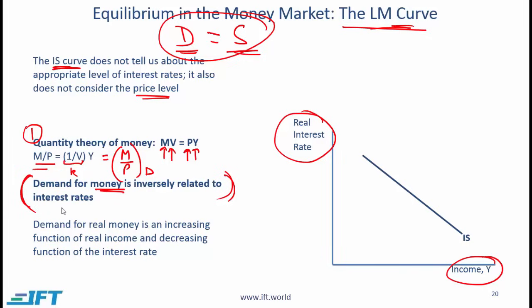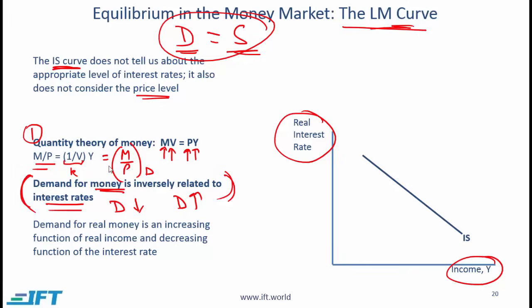When interest rates are high, then you would rather own stocks and bonds where you are getting a better return. So the demand for money will be low. On the other hand, if returns or interest rates are low, then the demand for money will be high. So there is an inverse relationship or a negative relationship between the demand for money and interest rates.